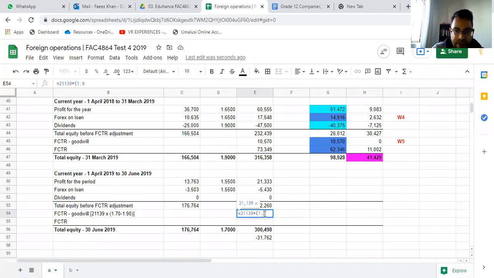Sorry, I had it the other way around. So the goodwill is going to be that, and the FCTR is basically just going to be the difference, which is that minus that.